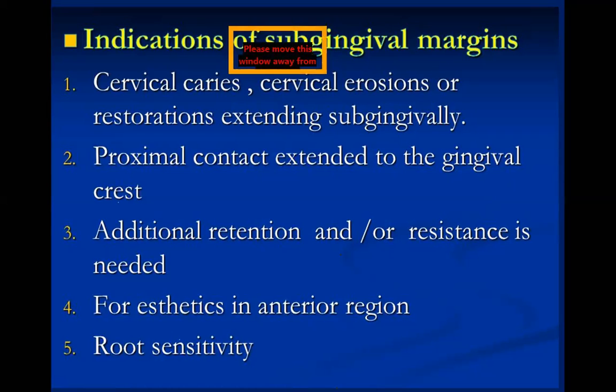Again, if the proximal contact area, we must open the contact area between the adjacent teeth, and this contact is a long contact. It extends subgingivally, or one or both of the teeth are not completely immersed in the oral cavity.